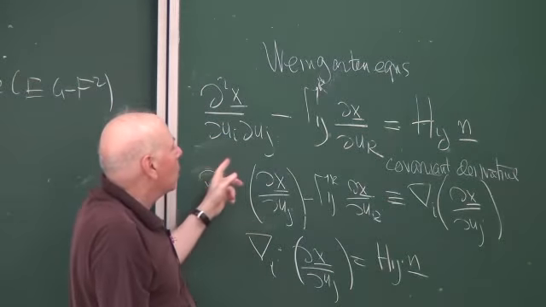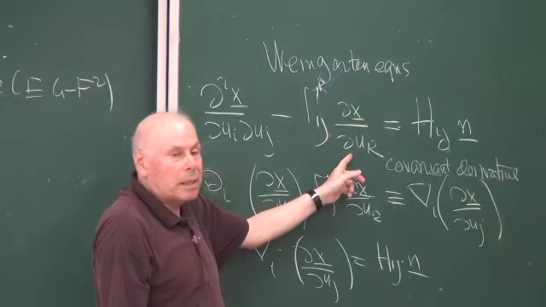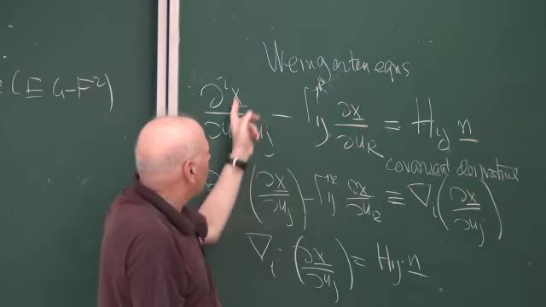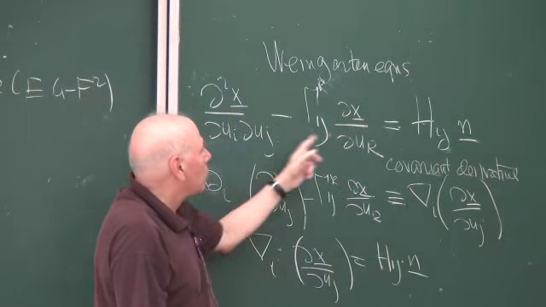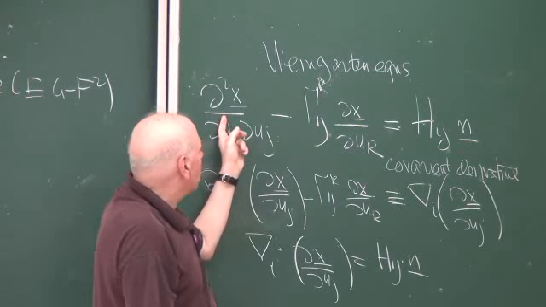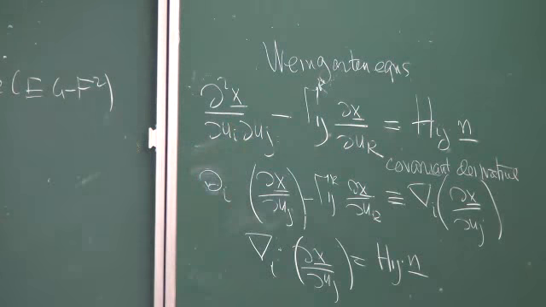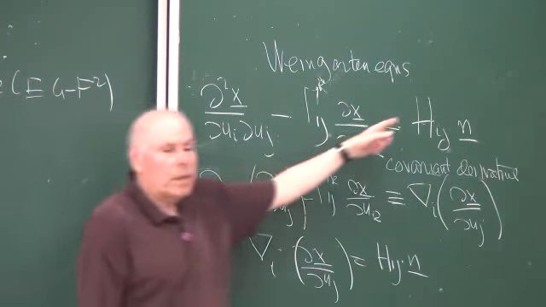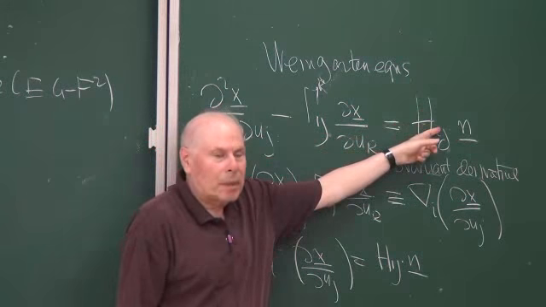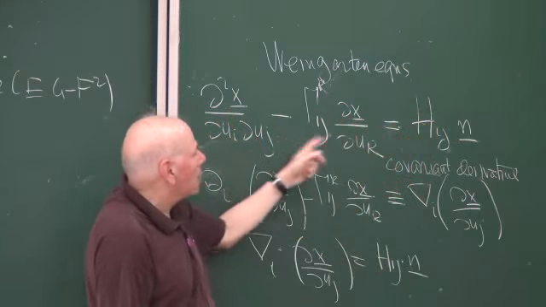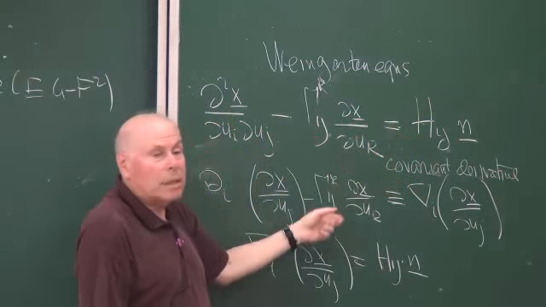What will we get? When I take partial derivatives here, I'm going to get the partial derivatives of the L. When I take partial derivatives here, I'm going to get partial derivatives of the H's. And when I do the subtraction, you get equality.